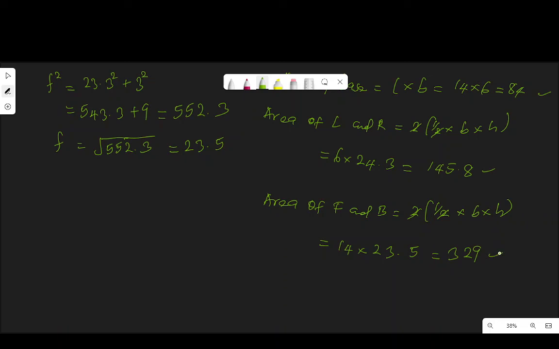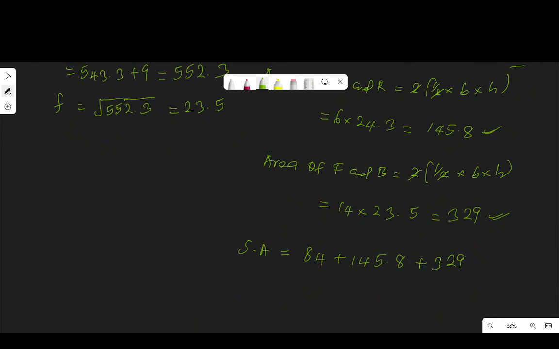So we know the area of the rectangular base, the area of the left and right triangle, and the area of the front and back triangle. Therefore, the surface area of this pyramid will be the rectangular base, which is 84, plus left and right triangle, which is 145.8, plus front and back, which is 329.